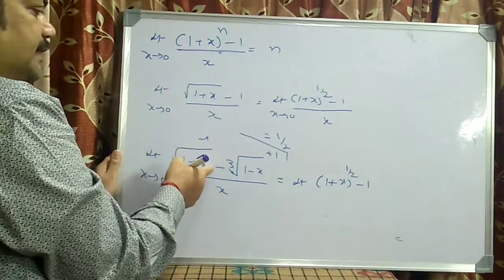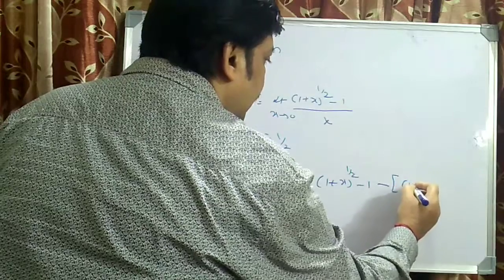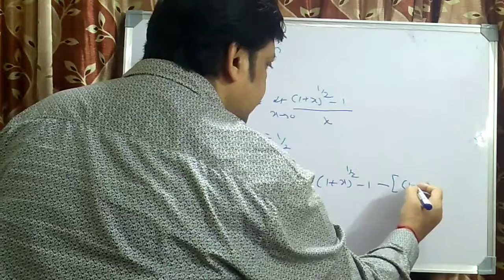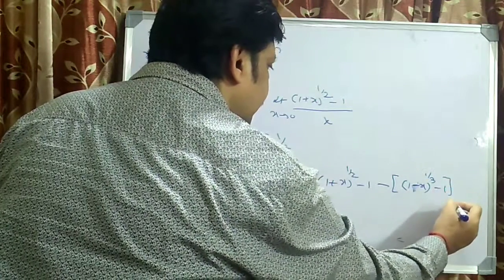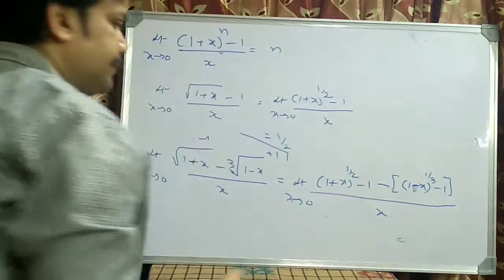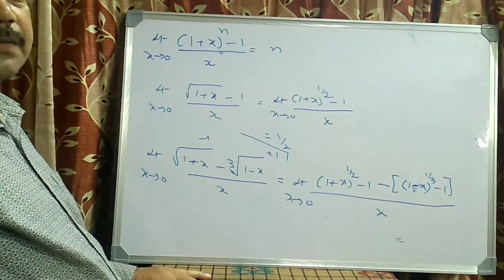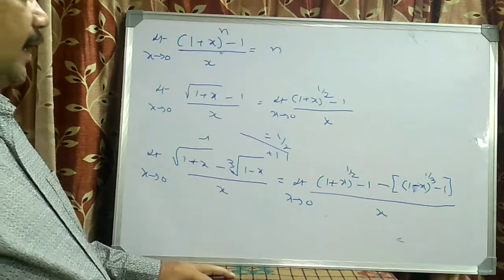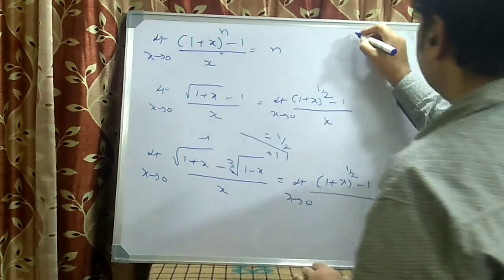I am taking this minus 1 to this one, and then taking a bracket, I take (1 minus x) whole to the power 1 by 3 minus 1, whole by x, as x tends to 0. So my friends, here our main concept, why I have taken minus here, is that I am separating this problem into two separate problems.